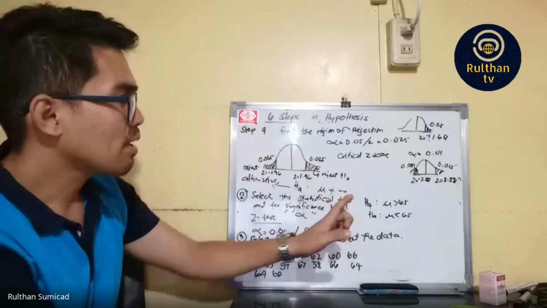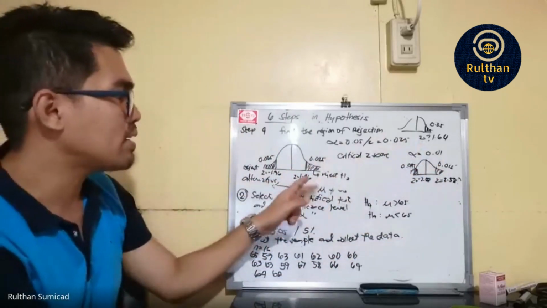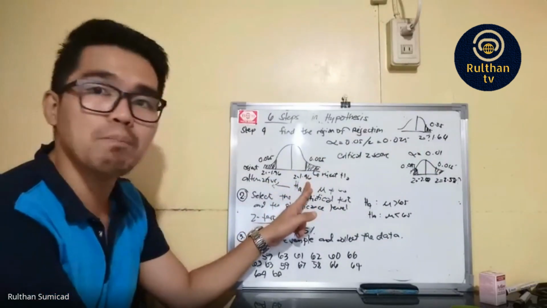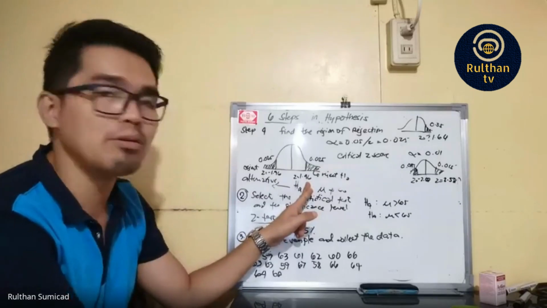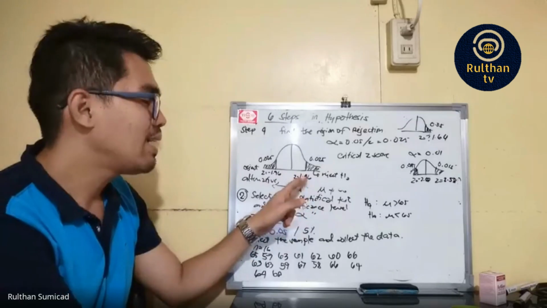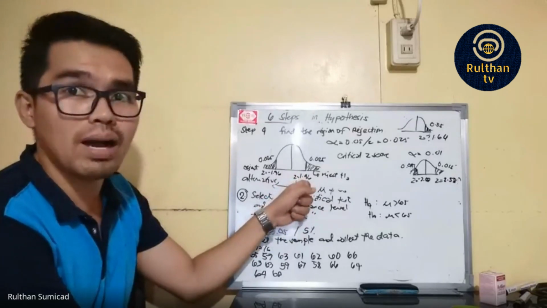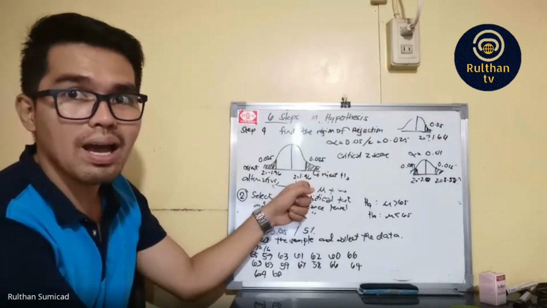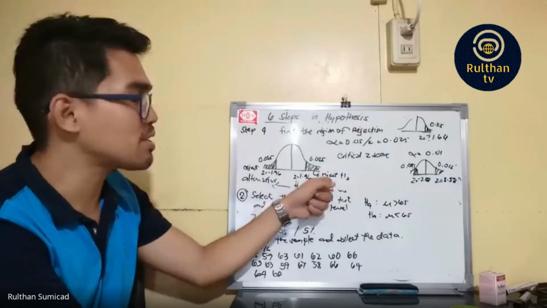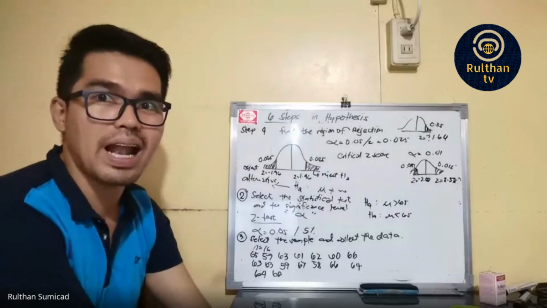Later on, when we do the computation, which is the next step, if our computed z is greater than the critical z, it means our p-value falls on the rejection region. That means we reject the null hypothesis.